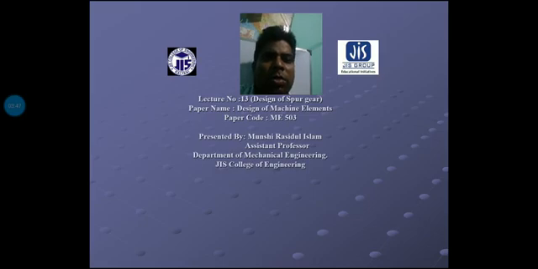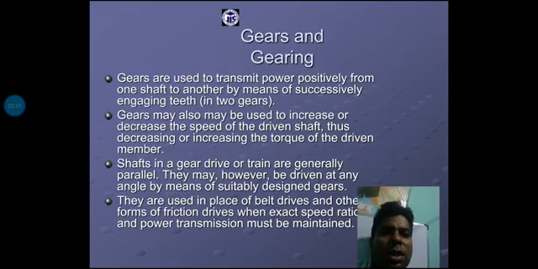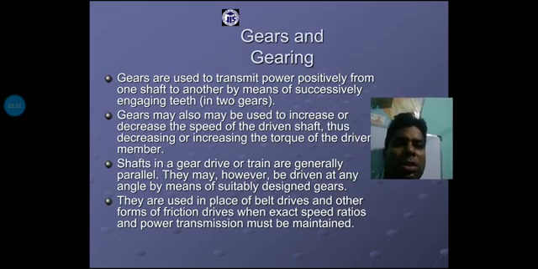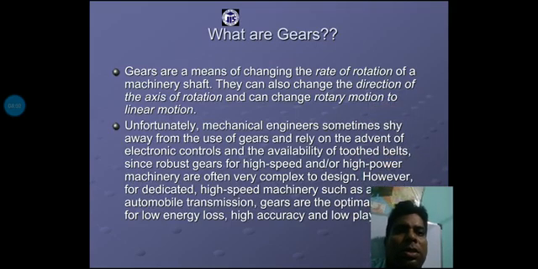Now, next, what are gears? Gears are a means of changing the ratio, changing the rate of rotation of the machinery shaft. That means for any machinery shaft, the rate of rotation can be controlled by the gears.